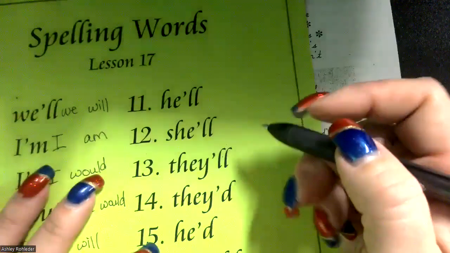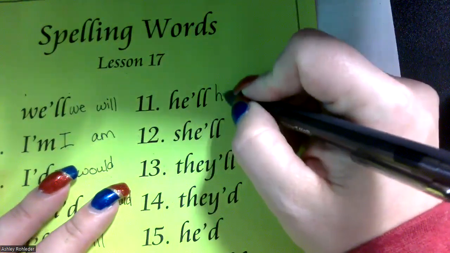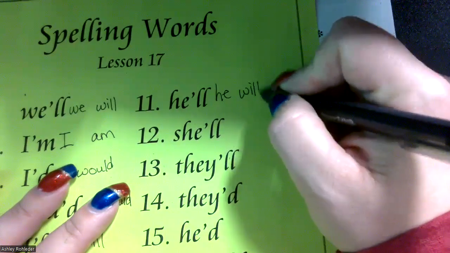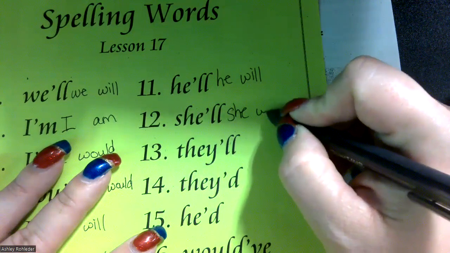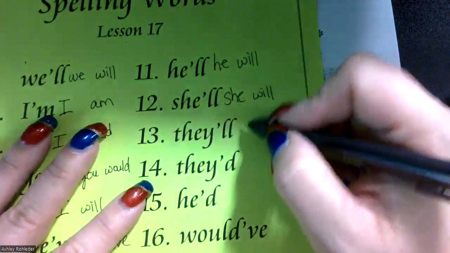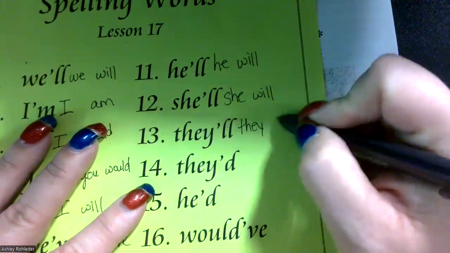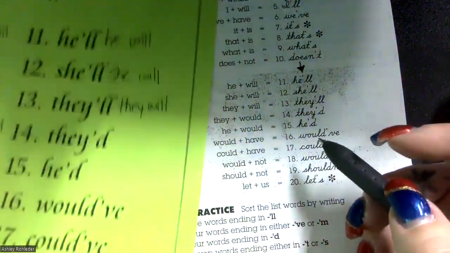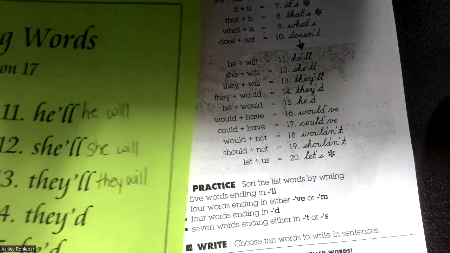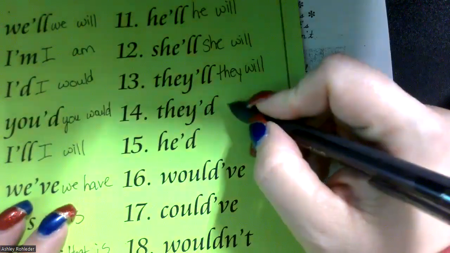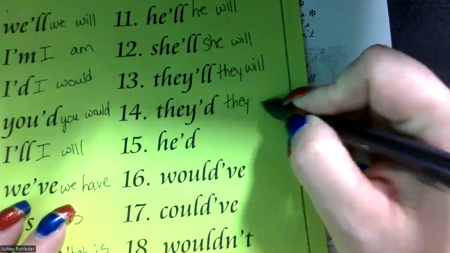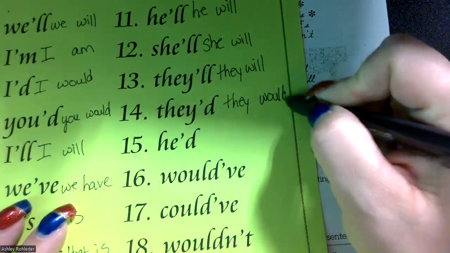He'll is a contraction for he will. Okay. She'll is she will. They'll is they will. They'd is they would. He'd is he would.